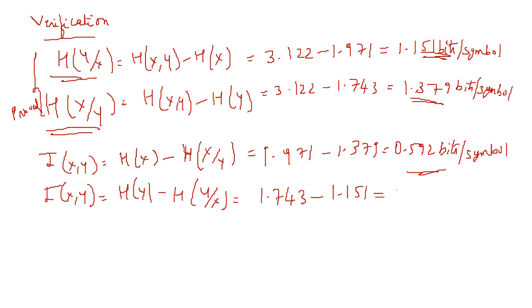So if you substitute this, we are going to get 0.592 bits per symbol. So hence we can write these relationships are true. That is I of x comma y relationship with h of x, h of y, h of x by y and h of y by x is true. Hence it is also proved or the verification is done.